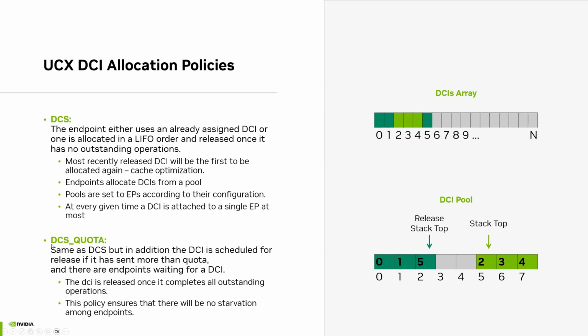That's the idea behind DCS quota: doing the same thing with sharing using the stack of DCIs, using the pools, just limiting each EP to some quota, after which the endpoint has to release its DCI. One more thing is that the idea of using a stack is to benefit as much as we can from the cache.